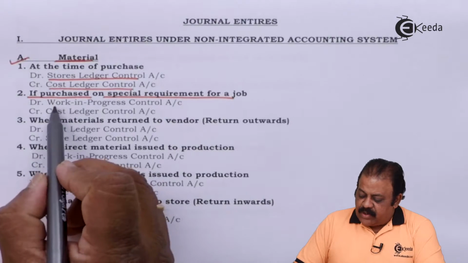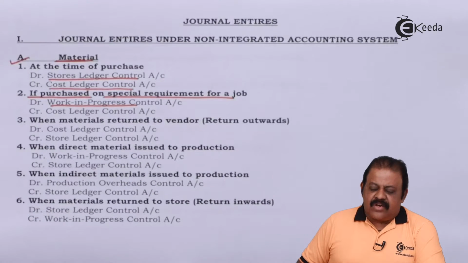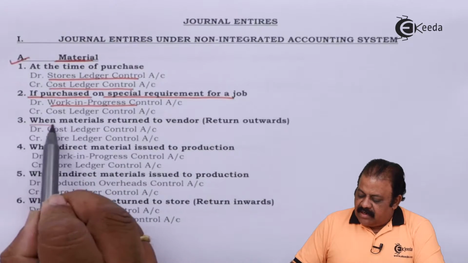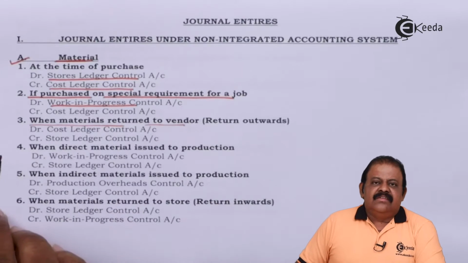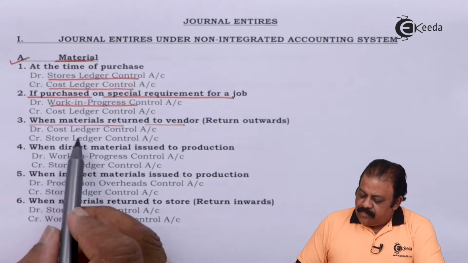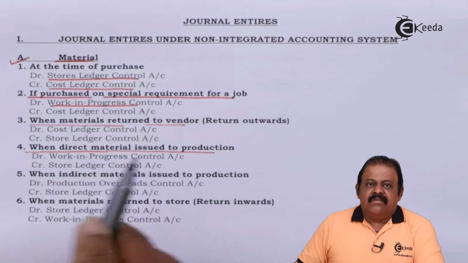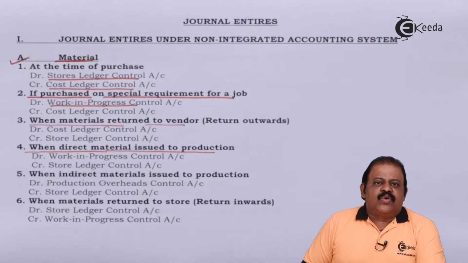It will be debited to work in progress control account and credited to cost ledger control account. When material is returned to vendor, this is purchase returns, stores account will be credited and cost ledger account will be debited.